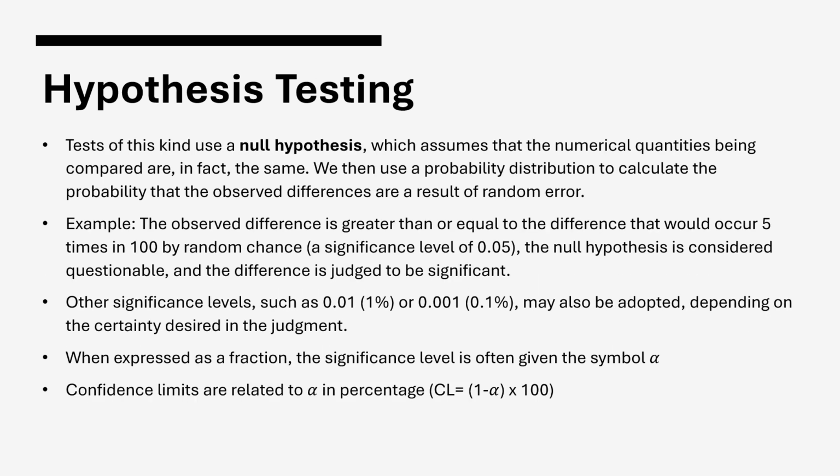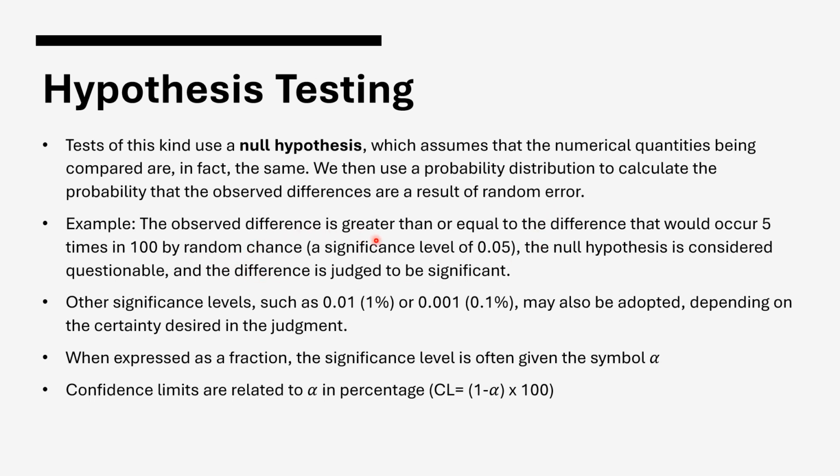So in hypothesis testing, we actually have a null hypothesis that assumes that the numerical quantities being compared are in fact the same. We then use the probability distribution to calculate the probability that the observed difference is a result of random errors.